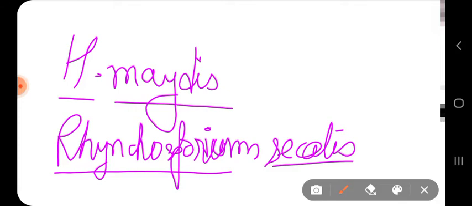This is a pathogenic microorganism that damages the barley plant. So through somaclonal variation, we obtain such barley plants which are resistant against Rhynchosporium secalis.